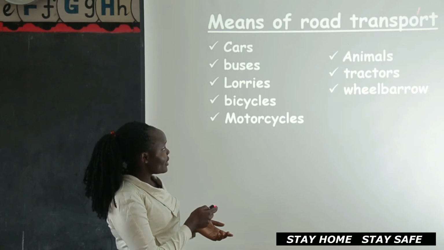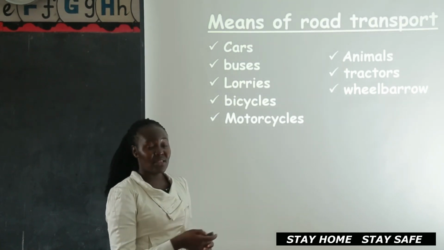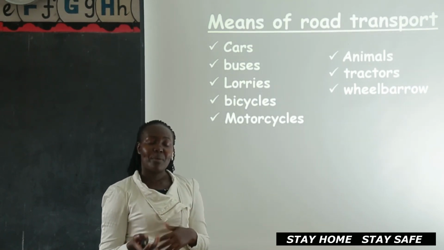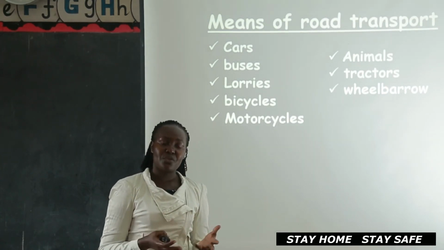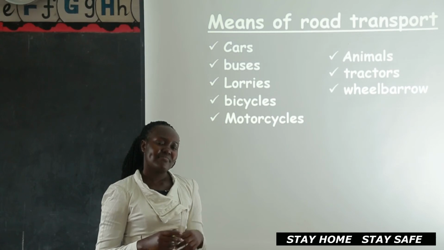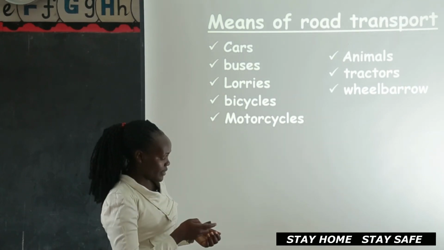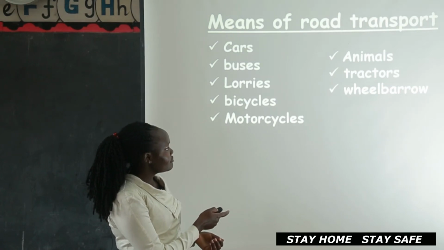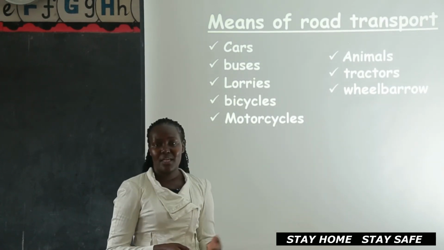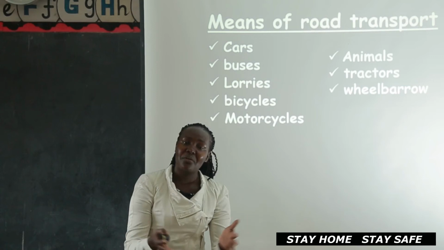We have the tractors. You always see these ones digging, helping us to plow the gardens. Even when it comes to the construction of roads, they are also there to help us. We have the wheelbarrow. They are also means of transport. I know you are wondering, but we always use them.